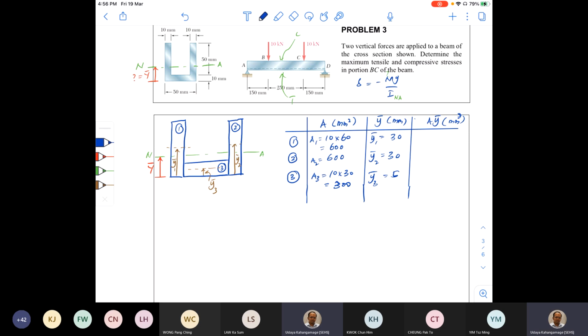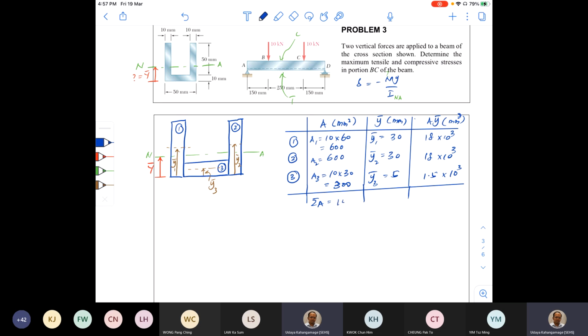And now I get the multiplication. 30 into 600, I did the calculation, it is 18 into 10 to the power 3. And here 18 into 10 to the power 3. And this one is 1.5 into 10 to the power 3. Now I'm going to find out the summation of all the areas.